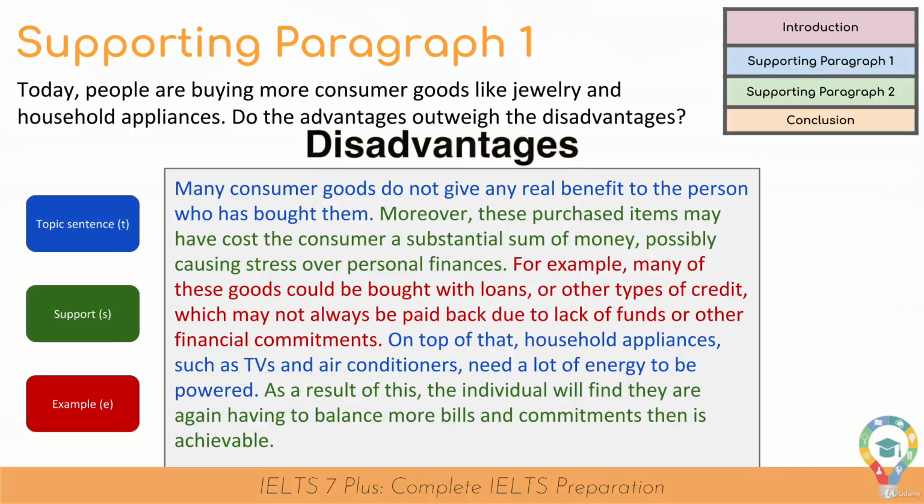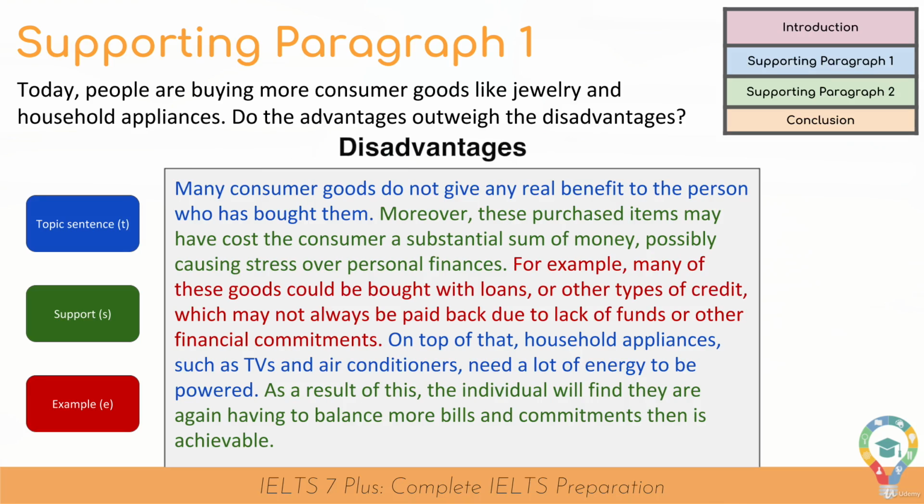Many consumer goods do not give any real benefit to the person who bought them. Moreover, these purchased items may have cost the consumer a substantial sum of money, possibly causing stress over personal finances. For example, many of these goods could be bought with loans or other types of credit, which may not always be paid back due to the lack of funds or other financial commitments.